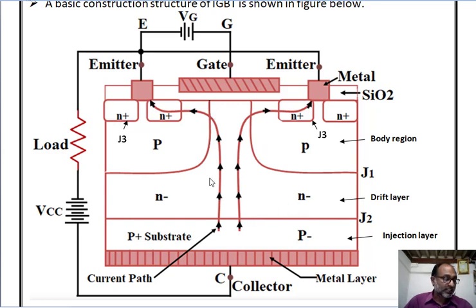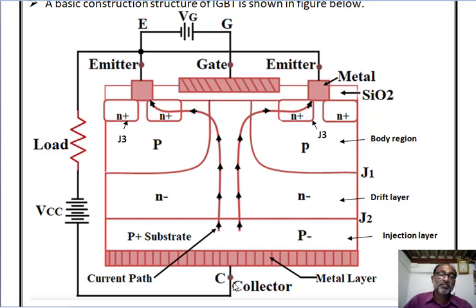Now when the collector terminal is connected to the positive supply with respect to the emitter, at that time our IGBT becomes forward biased. So due to this, this P plus region injects holes into this N minus channel or drift layer.